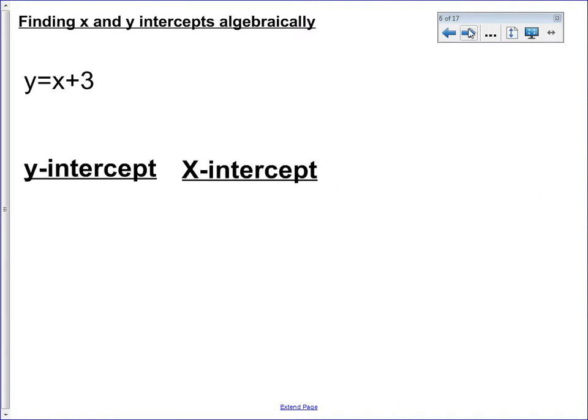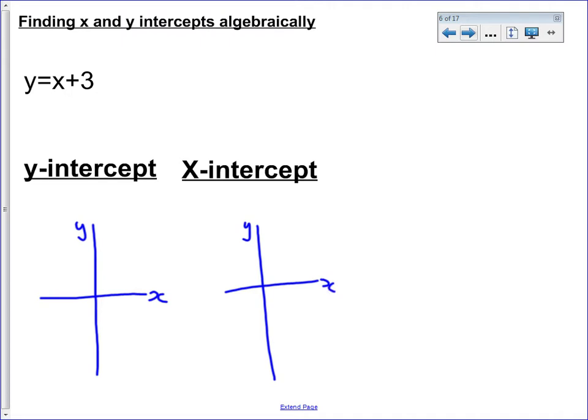Okay, let's have a go at finding the x and y intercepts algebraically. Remember, this is the y-axis, this is the x. Now, if we draw any line, we can see that the y-intercept, x, is going to be 0.